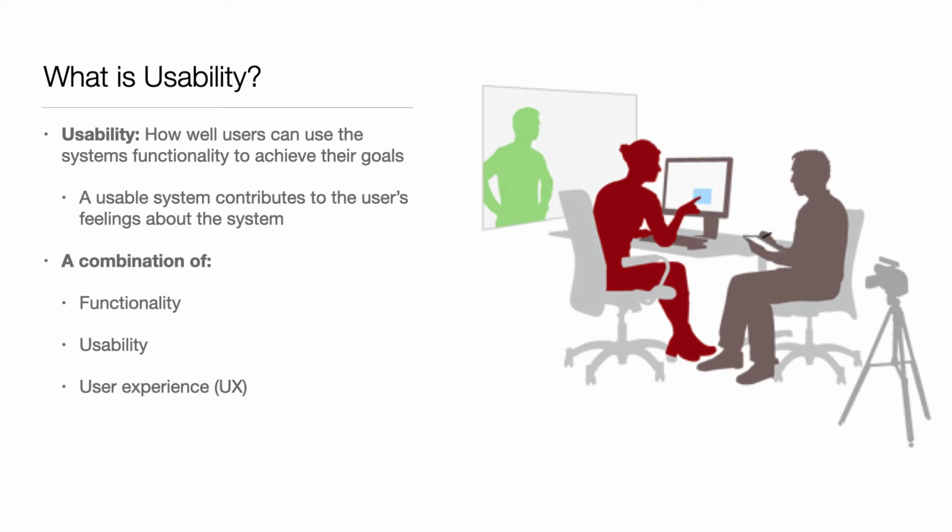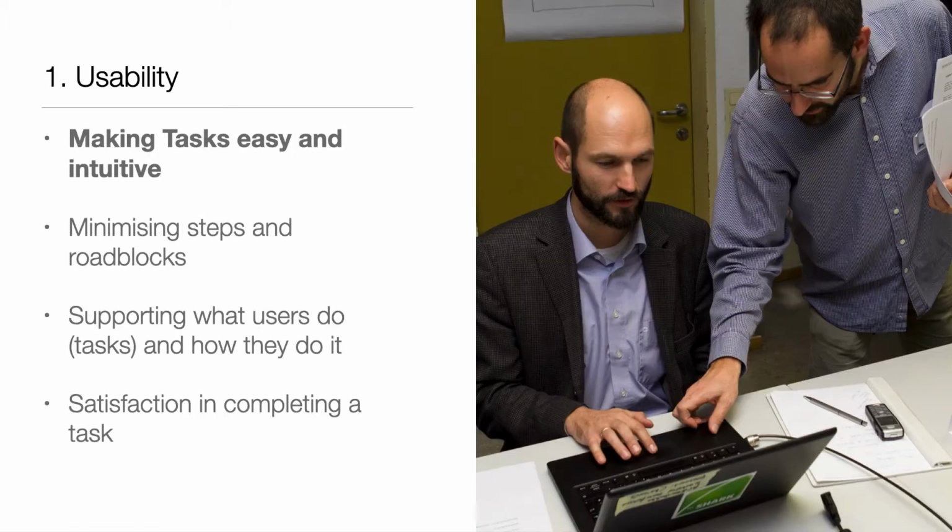Part of it is I didn't have to think. It just works like magic. It doesn't just happen, it's designed. So, with usability, making tasks easy and intuitive, minimizing steps and roadblocks, supporting what users do and the tasks they do, and having great satisfaction while they are completing it. This is all about what usability is, and it's why usability is so interesting and so important.